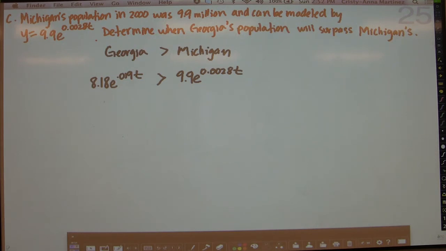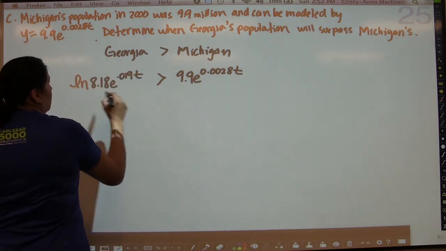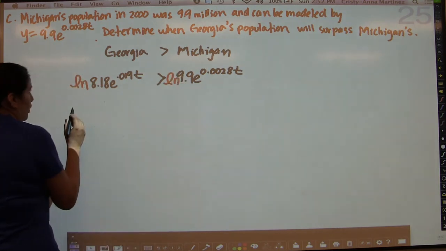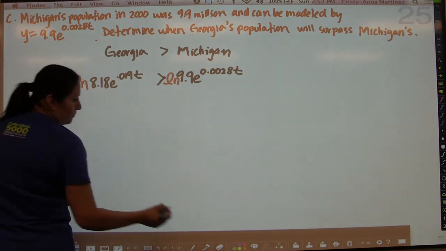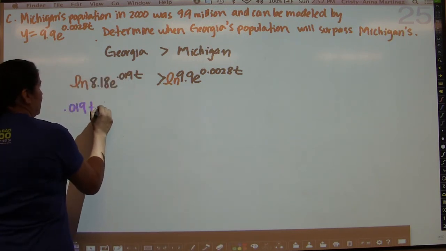And we want that to be greater than Michigan. So now all we have to do is basically solve. So what you want to do in both of these cases is you want the t's to be on the same side. But in order to get the t's on the same side, we have to get the t's out of the exponent. And to do that, we need to take a log of both sides. So we're going to do ln. So over here you're going to get 0.019t.